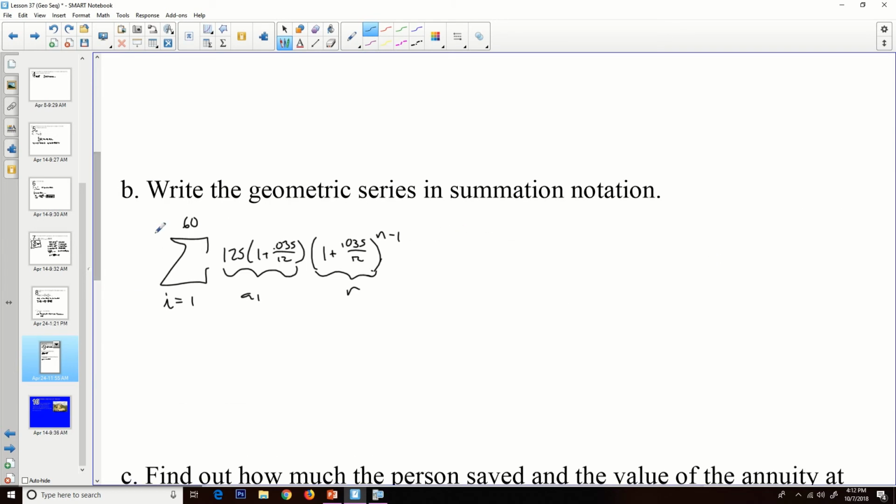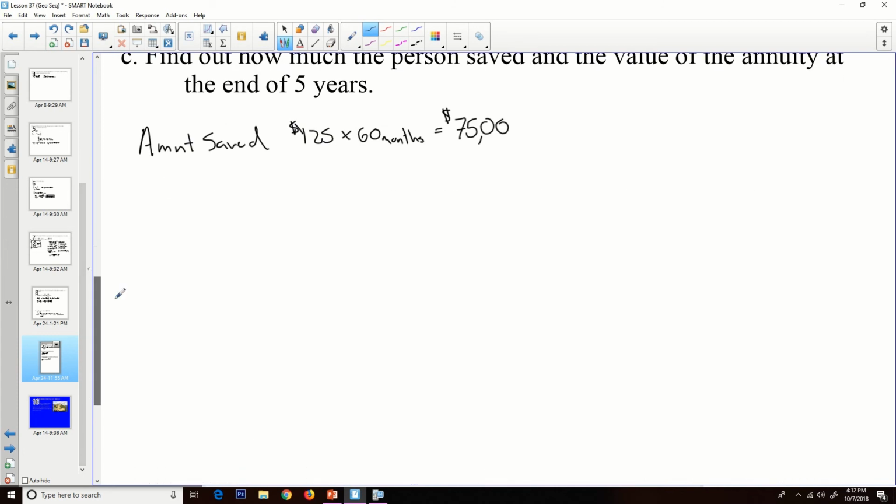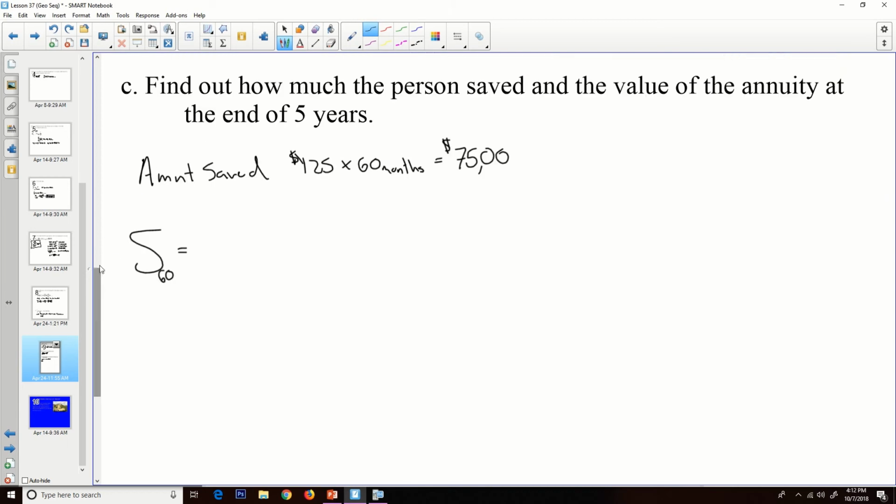So we want the value of this sum here. S sub 60 is going to equal, well, the first term was 125 times 1 plus 0.035 over 12. That's the first term. Again, I'm using S sub n equals a sub 1 times 1 minus r to the n all over 1 minus r. That's the equation that I'm using. And so there's my a sub 1.